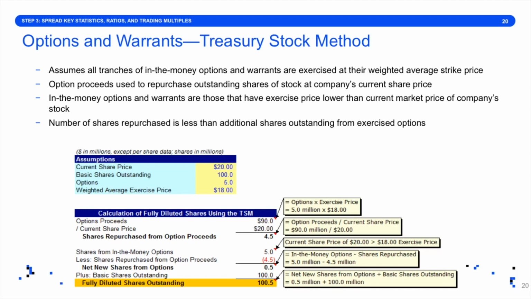So 5 million of new shares are created when the option is exercised. 4.5 million are bought back with the proceeds of the exercise of the option. So the net new number of shares created is 0.5 million. And so the so-called fully diluted shares outstanding is 100.5 million.